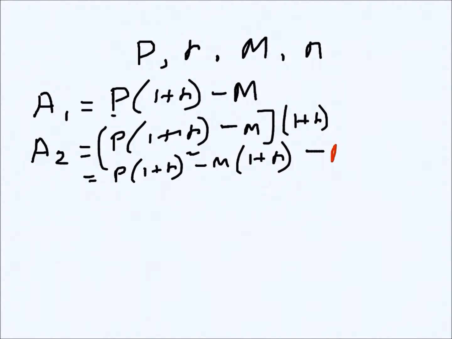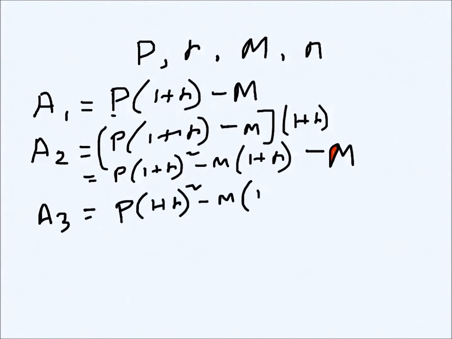So after the third month, let's see. Now this is the whole money that is still owed. So that person is still owing this much money. The interest will be on this whole thing, so it is becoming 1 plus r.